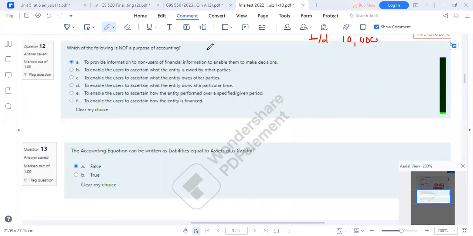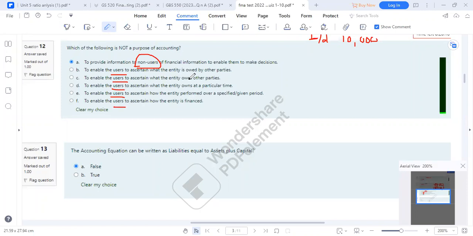Which one of the following is not a purpose of accounting? To provide information to non-users to enable them make decisions. No, this is already out. It should be to enable the users, yes, users. It's mainly for users of financial accounting.